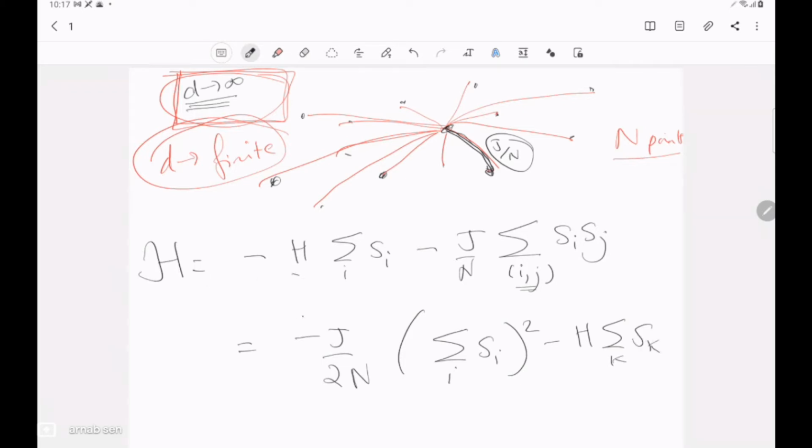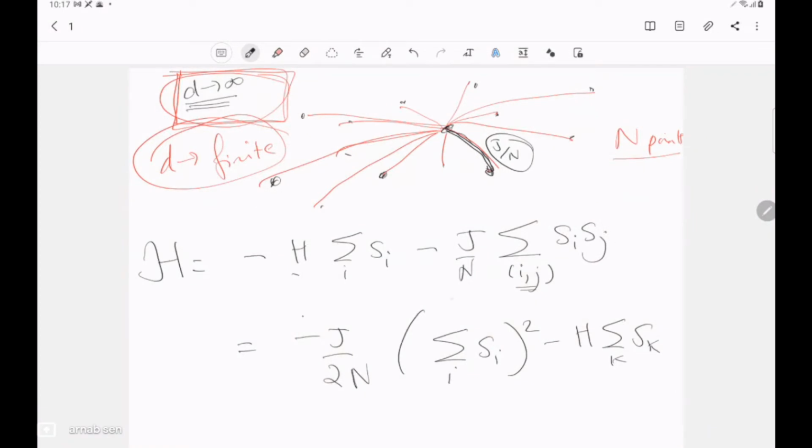Is this step clear to everyone? Why am I doing this? Is this clear or not? Please tell me.